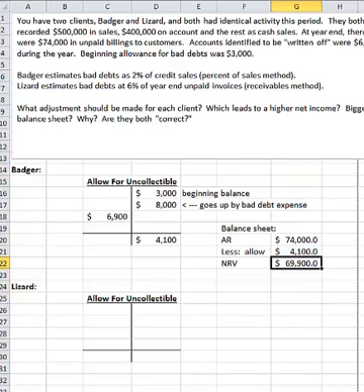So there's your balance sheet presentation. What would go on the income statement? $8,000 of bad debt expense.